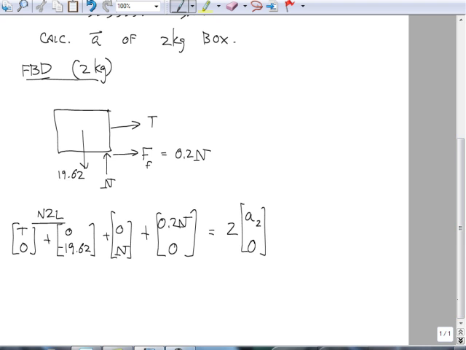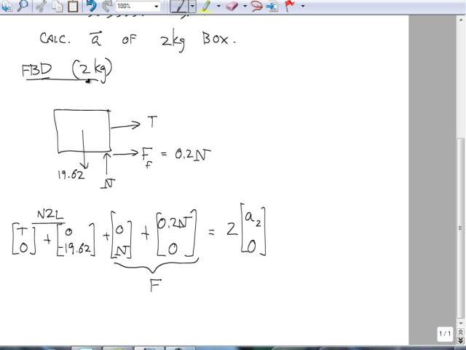So we didn't use anything here that used that subscript notation, right? But notice that this vector, the sum of the normal force and the friction force, that's the total force vector that's applied to the 2 kilogram box by the 5 kilogram box.